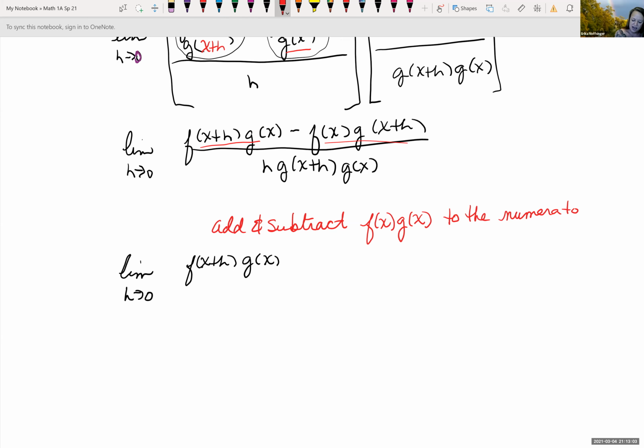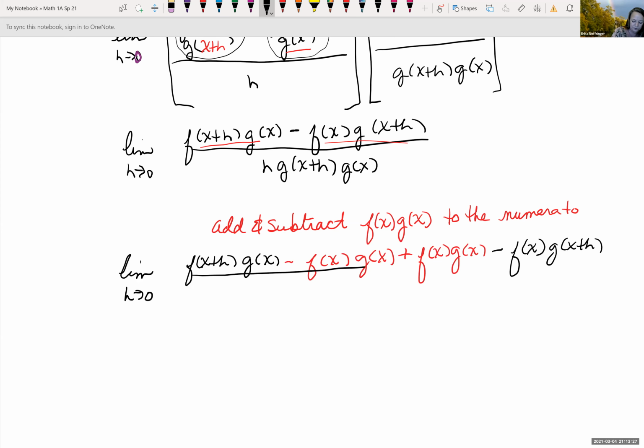Now I'm going to subtract this off, so minus f of x, g of x, plus f of x, g of x, all minus the last piece, which was f of x, all times g of x plus h, all over our denominator, h times g of x plus h times g of x.